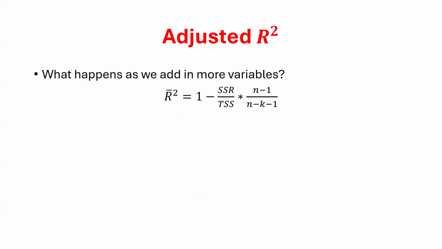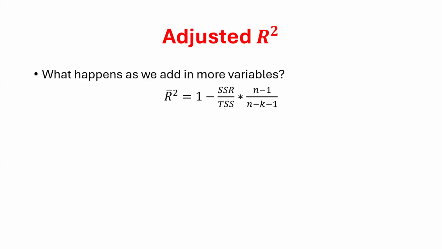So if I simply add in more variables, what's going to happen to my adjusted R squared, assuming the sample size stays the same? K represented the number of variables on our right-hand side. If I include more variables, what happens to K? K goes up, right?